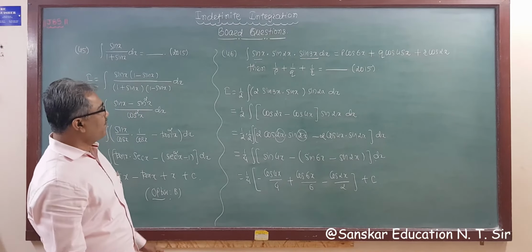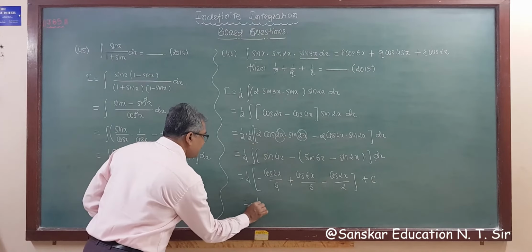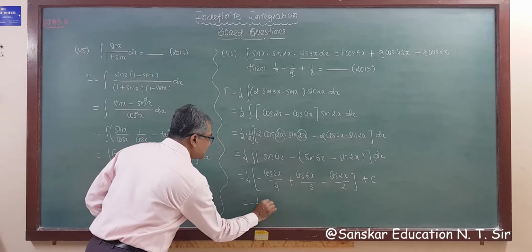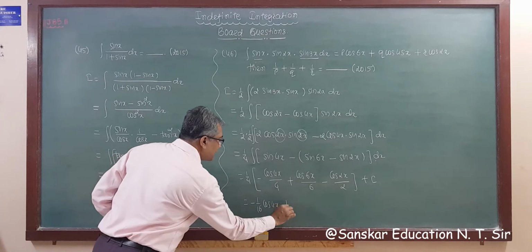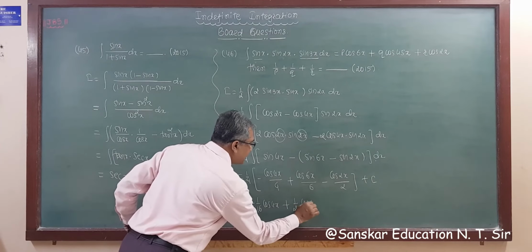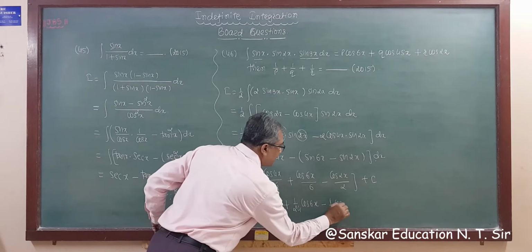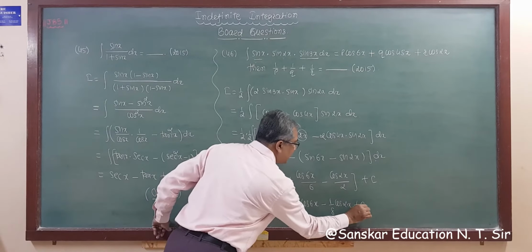If we multiply this, we get minus 1 upon 16 cos 4x plus 1 upon 24 cos 6x minus 1 upon 8 cos 2x plus c.